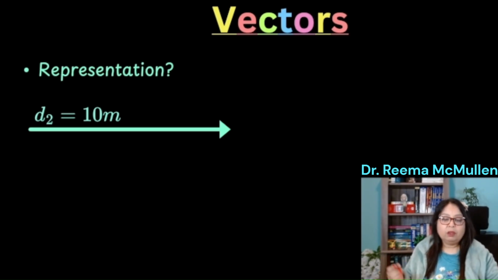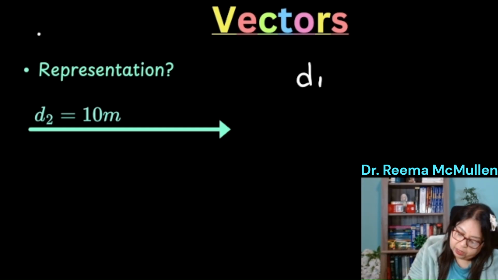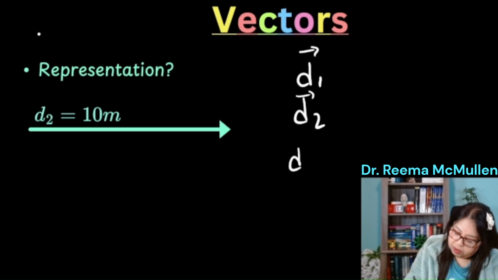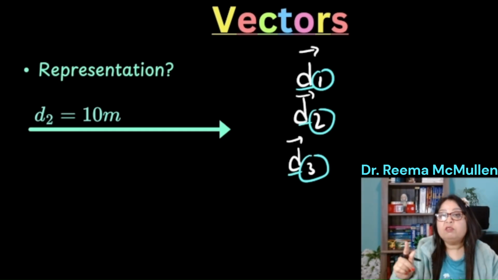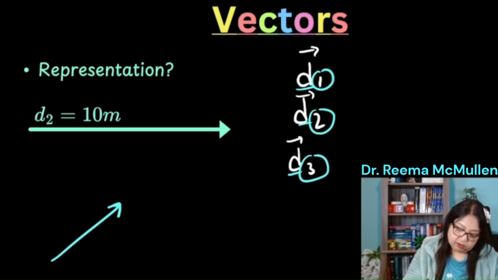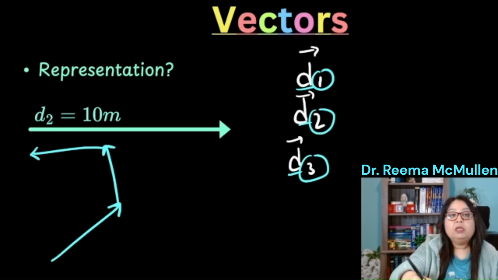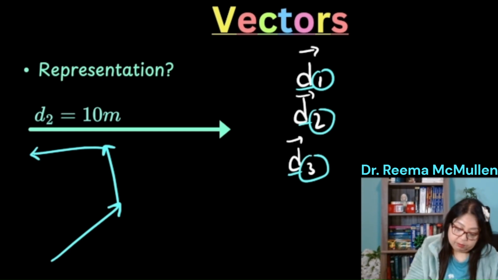The 2, the subscript, well, we write these subscripts like D1, D2, etc., to distinguish between different quantities. So all of these D's mean displacements. But the displacement could be one going this way, the other going this way, the third one going this way. How do we differentiate between them?